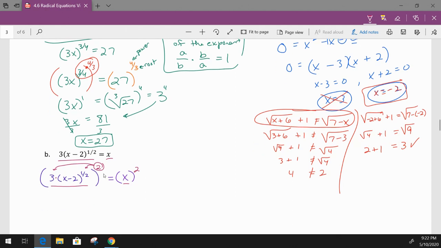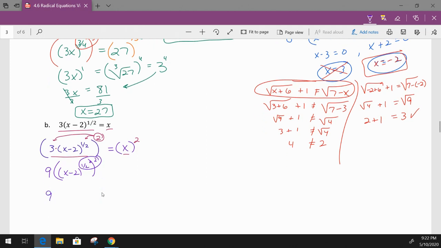So when you square the 3, you will get 9. When you square the quantity x minus 2 to the 1/2 power, the 1/2 and the 2 multiplied together do equal 1. So you do end up getting 9 parentheses x minus 2 to the first power, or just x minus 2.